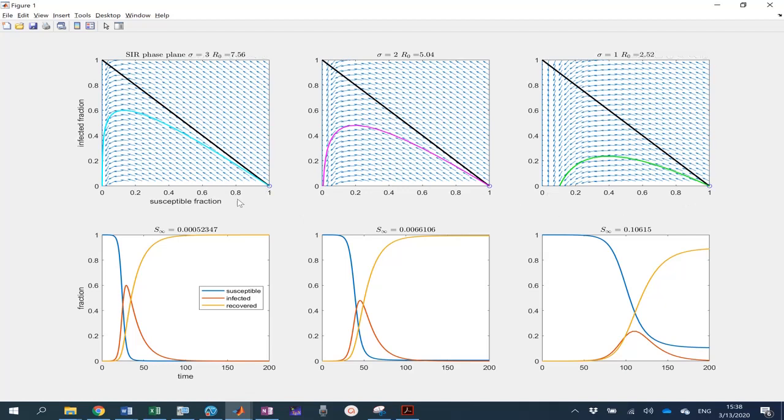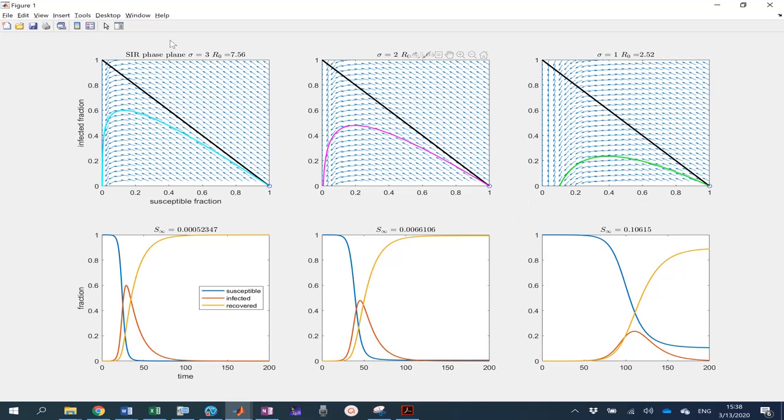It's 1 minus that, so pretty much everyone is susceptible. And I've kept everything else constant. I've kept tau constant, so the transmissibility doesn't change. D constant, I set it to 14, and only changed sigma, and watched what happened as we moved from left to right.